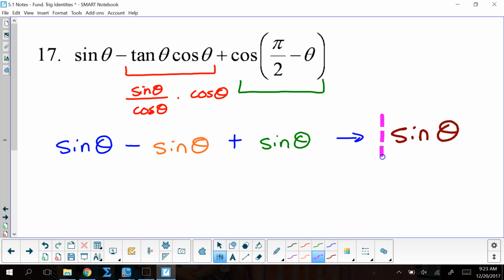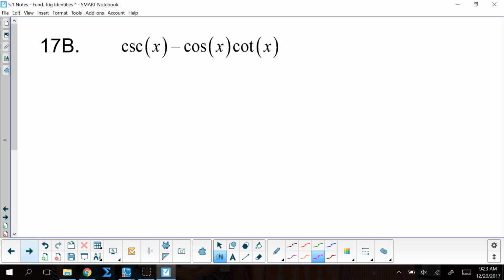I get just sine of theta. Agree? Questions? Okay. Try that one.